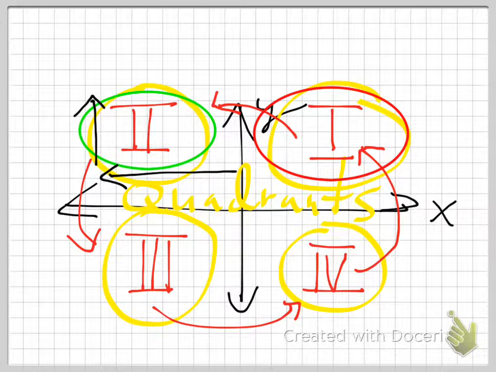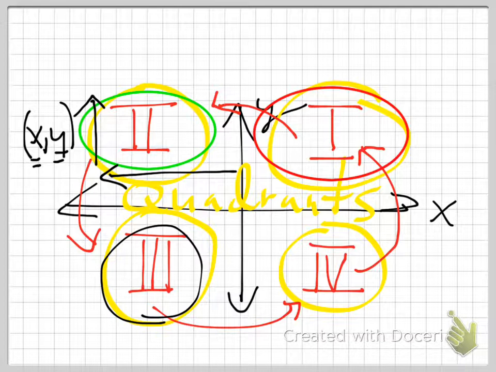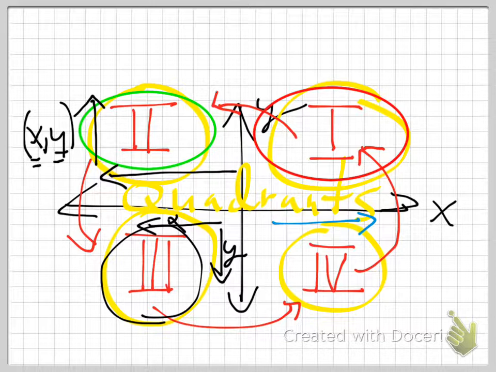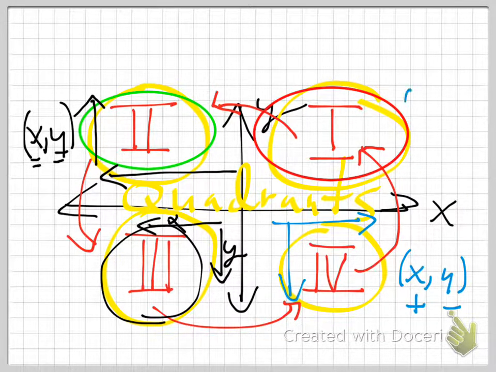So they're going to be numbers where the x part is going to be negative and the y is positive. Down in quadrant 3, you've gone to the left and you've gone down, so the x is negative and the y is negative. And in quadrant 4, the x has stayed positive because we've moved to the right, but we've gone down below the x-axis. So now we're looking at points x comma y where the x is positive and the y is negative.